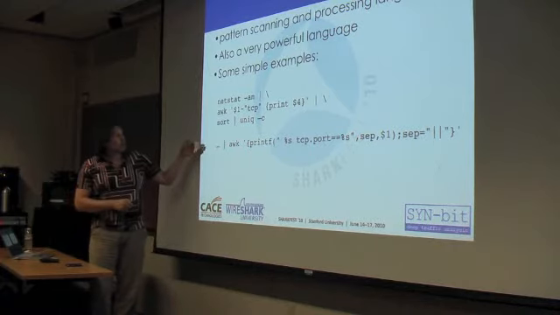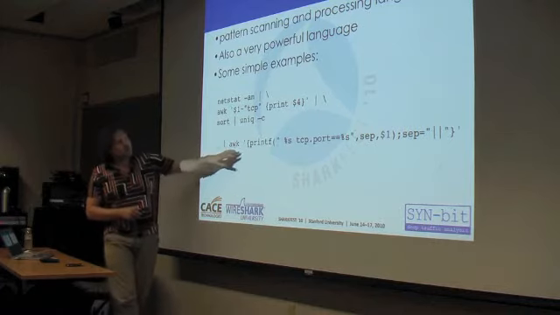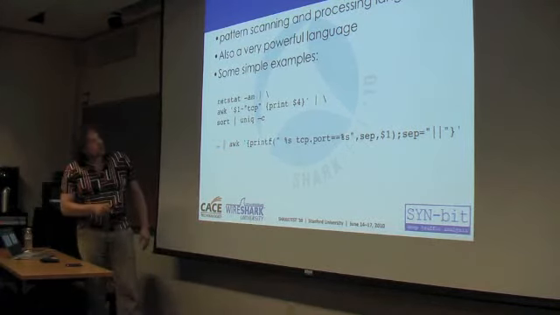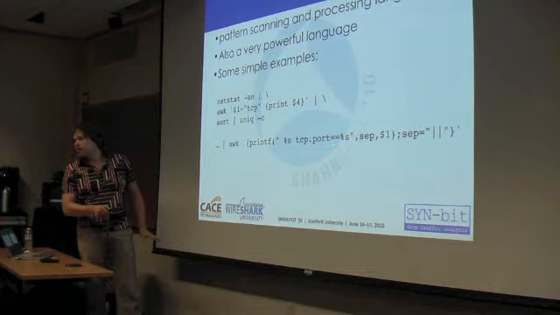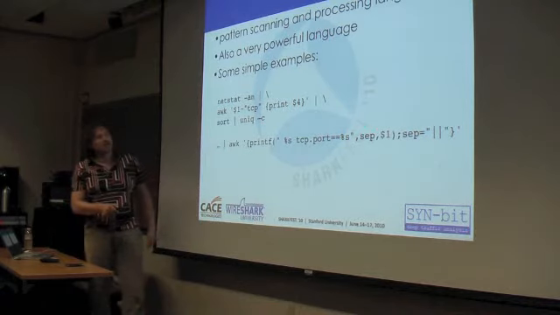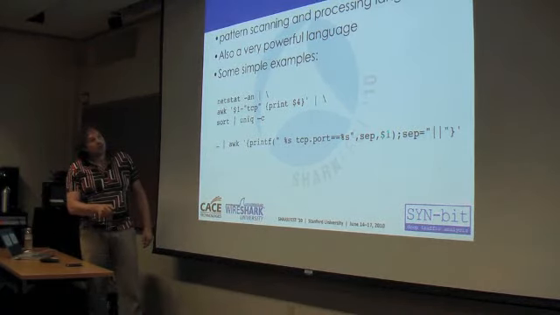If you have a tshark command that outputs port numbers, and you pipe them through this awk command, what happens is it will print a string, the separator, but it's not initialized yet, so it doesn't print anything. Then it prints tcp.port equals the port number of the first line, because this is the first field of the line.